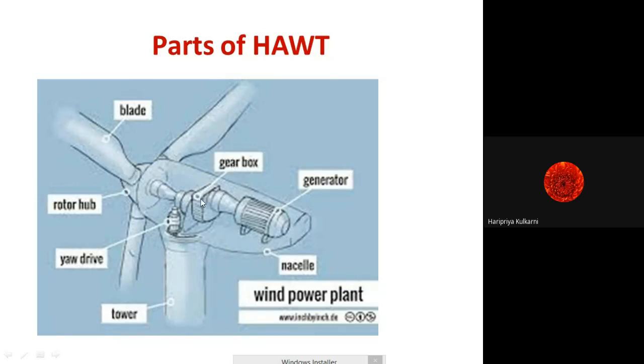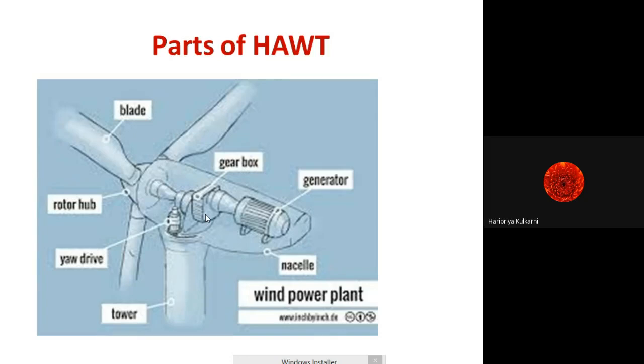This is a gearbox with the help of which we can adjust the speed, and we can have a locking arrangement as well. As we already discussed, we must have a minimum wind speed to extract energy. In the same way, we have a limit on the maximum wind speed because at that time there are chances of breakage of the blades and the rotor hub.